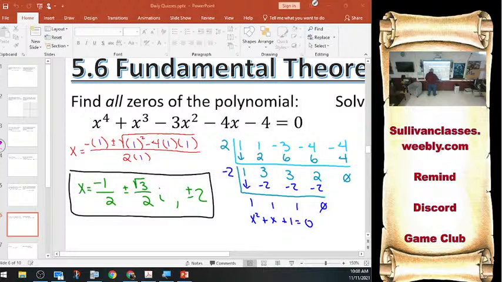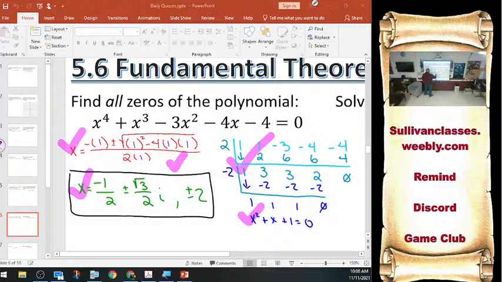Do you have the synthetic division? Do you have the correct quadratic after the synthetic division? Do you have the setup for either quadratic formula or complete the square? Do you have your final answer, including all 4 of your zeros?